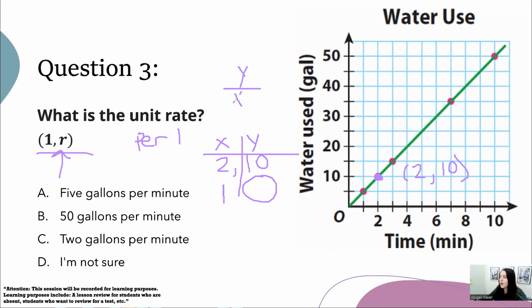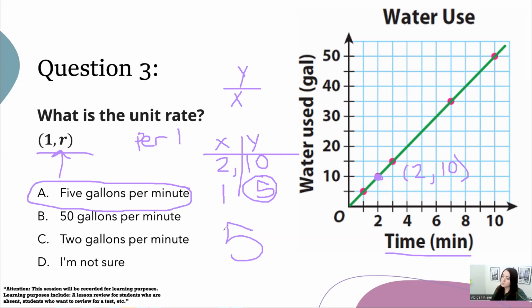If I take y and I divide by x, well, 10 divided by 2 gives me a constant of proportionality of 5. So that means in this situation, over the course of 1 minute, only 5 gallons was used. So my answer is going to be A. So again, find a point, find the constant of proportionality, and that is going to be your unit rate.